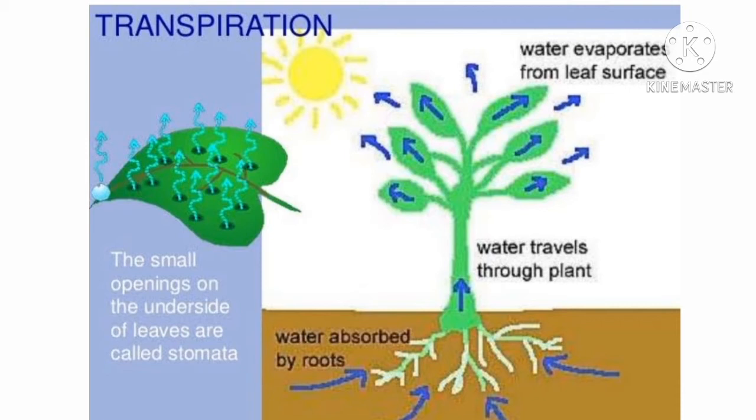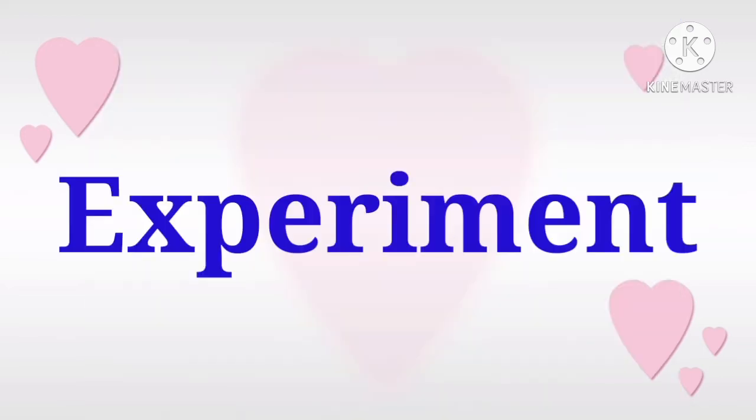Some of the water is utilized by the plant for photosynthesis, that is, to prepare food. The excess water is released into the air in the form of vapor through the stomata of leaves by a process called transpiration. Children, now let us understand more about transpiration through an experiment.